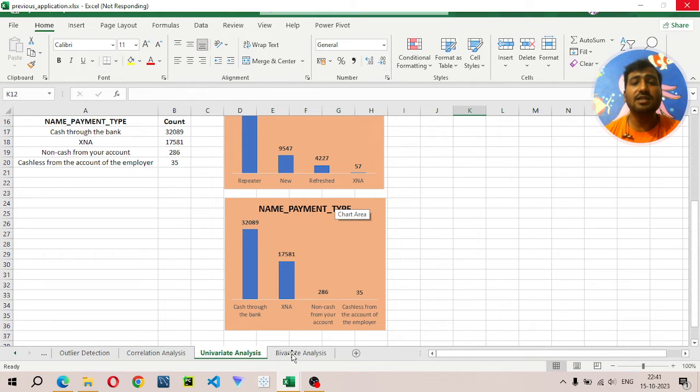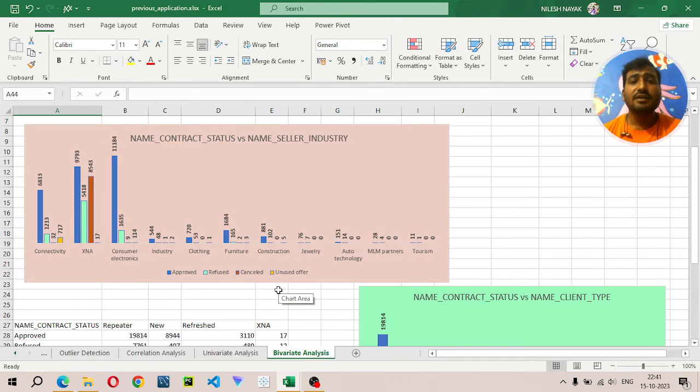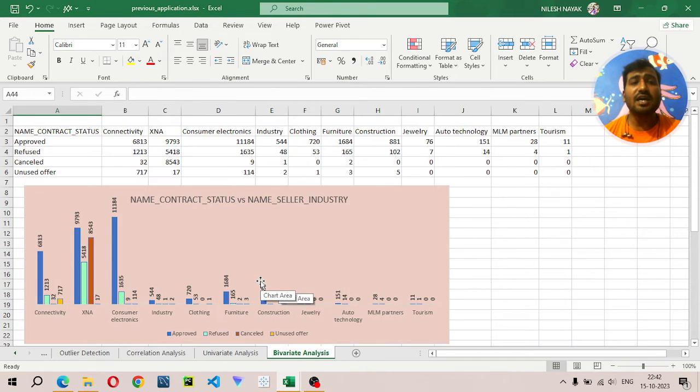Now coming to the bivariate analysis. In bivariate analysis, I have taken the contract type and the customer type, and the customers' business in which they are performing.